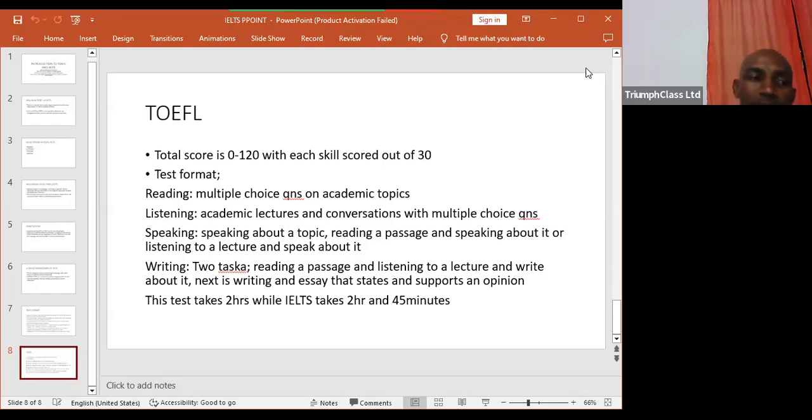So you have to learn how to paraphrase. To paraphrase means not using the exact words you have heard from a listening text or read from a given passage. When you're writing your own, you use your own words, but the topic, the idea has to be the same.